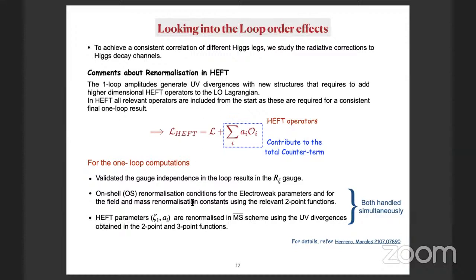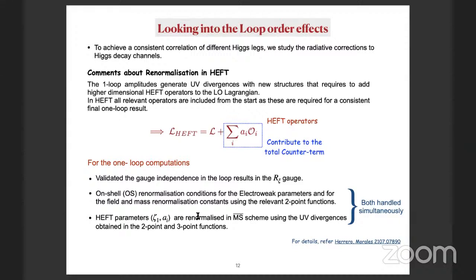For the one loop computations in our analysis, we have validated that gauge independence is completely followed, and so we have done the analysis in the R_xi gauge. For the on-shell renormalization conditions, for the electroweak parameters, we have computed the 2-point functions and 3-point functions and followed the on-shell renormalization scheme in order to find the field redefinitions and mass renormalization parameters.